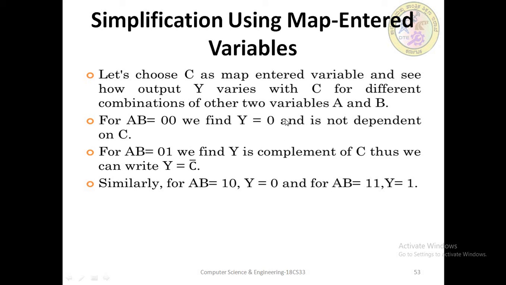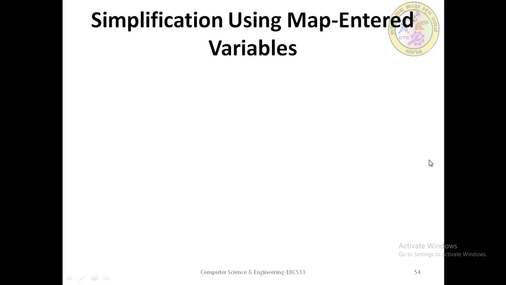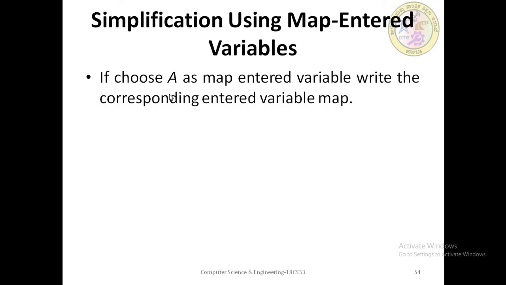The same thing has been explained here as well. If we choose A as the map entered variable, write the corresponding entered variable K-map. Suppose we select A as the variable, then the result will be displayed like this.